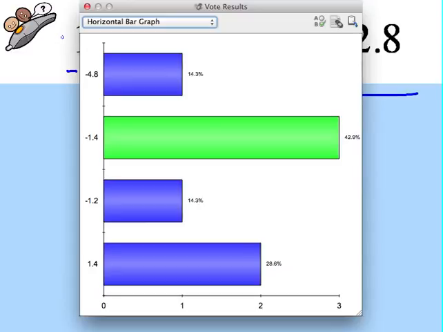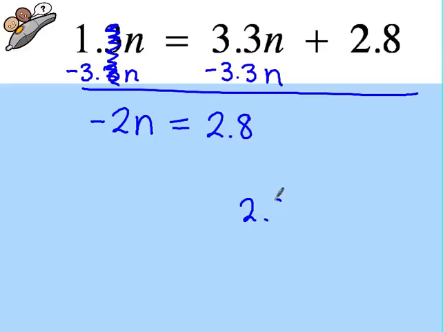All right, negative 1.4. Good job. Because what we do is we take 2.8 and we divide it by 2. That's how you undo that.